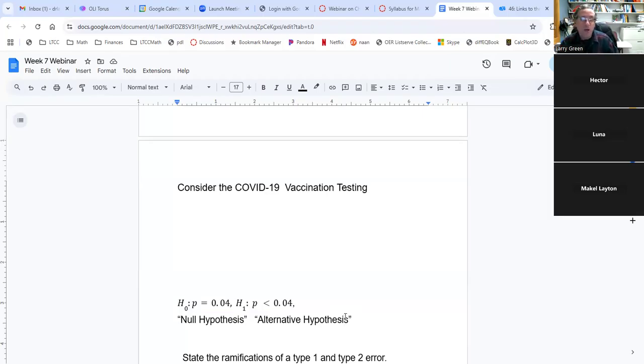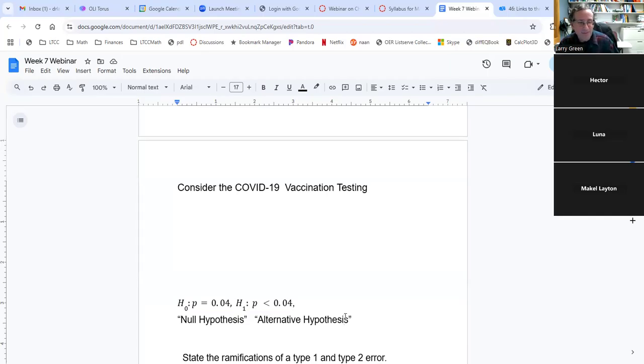One thing that could happen is that you did your sample and you looked at it and you realized that almost nobody got COVID from the people that you were sampling. And by the way, their sample size was 40,000. So it was actually a very large sample size.